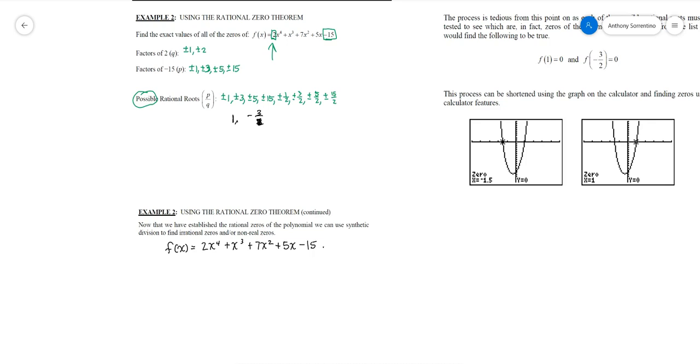And by using the rational zero theorem, it will help the calculator as well, I've established that x equals 1 and x equals negative 3 halves are zeros.